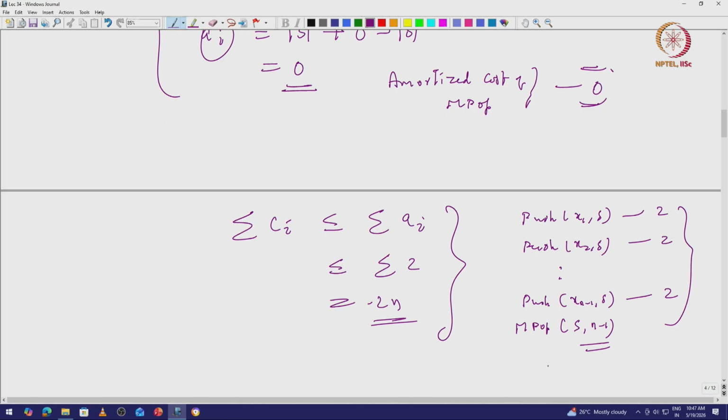So you will have n minus 1 rupees surplus. From this n minus 1 you can get paid for the multi-pop, because it is going to take n minus 1. So though I pay 0, you take the money for the operations you have done. So for this sequence of operations you have earned 2n minus 2 rupees, which is less than or equal to 2n anyway. Up to this you can earn, but this is the maximum, the upper bound.